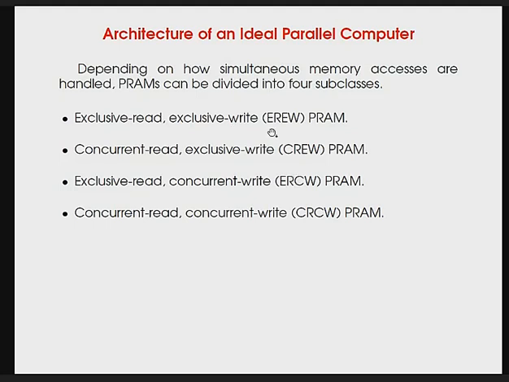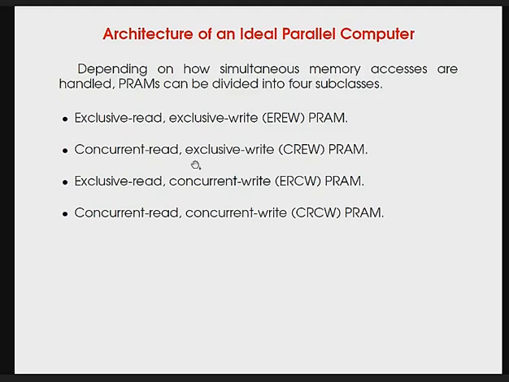So how can we concurrently access the different memory locations? For that purpose, we consider four subclasses. The first class is exclusive read and exclusive write. In this class, access to a memory location is exclusive, so no concurrent read and no concurrent write operations are allowed.